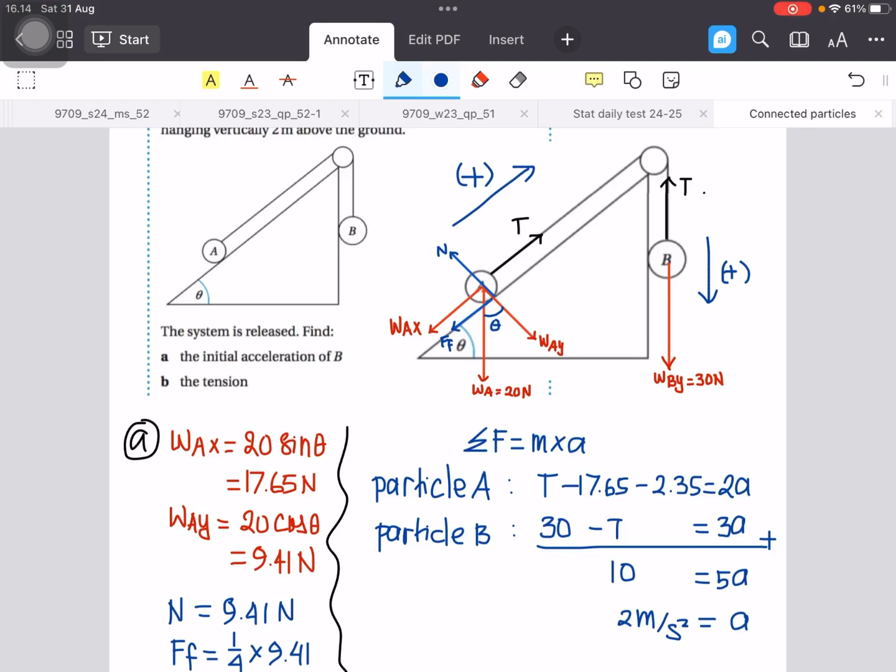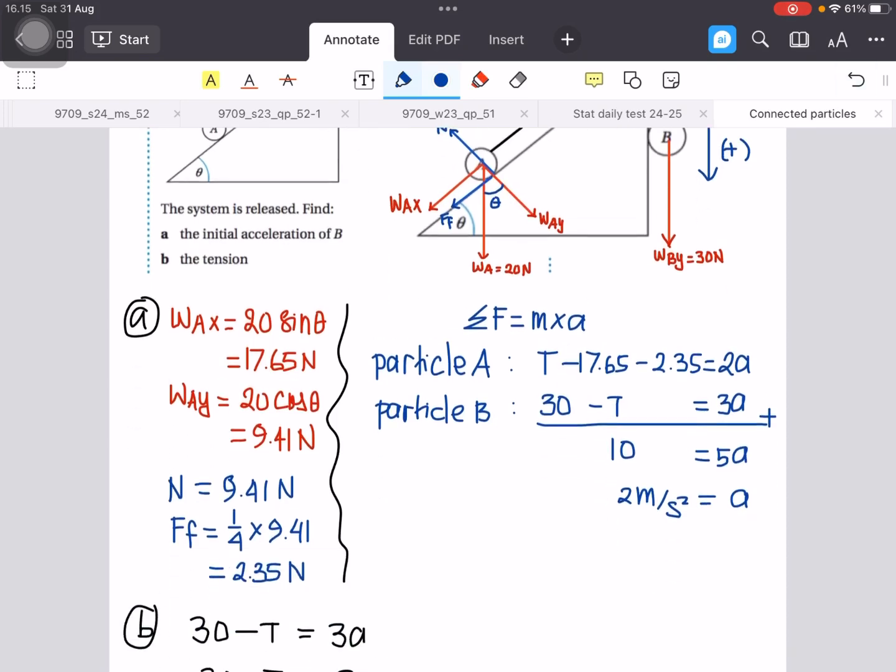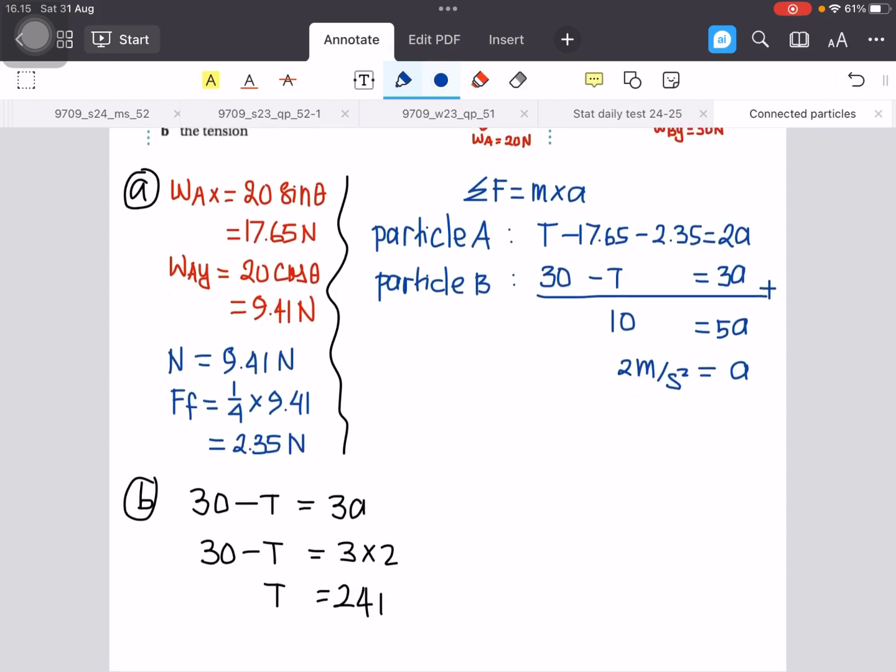And then we add both equations to eliminate the T. And we have an equation in terms of A only. 5A is equal to 10, so A is 2 meter per second square. And then for finding the tension, it's very easy since we know the value of A already.